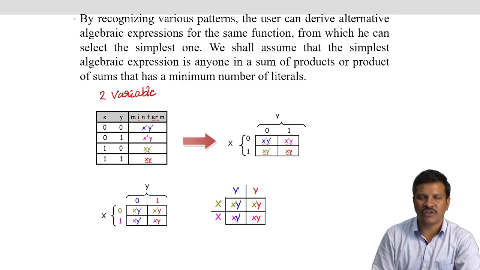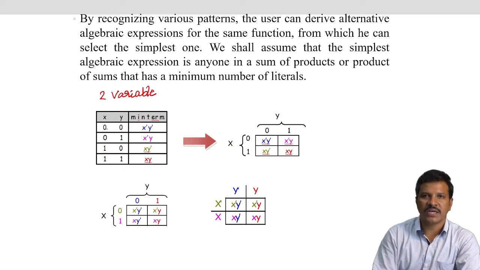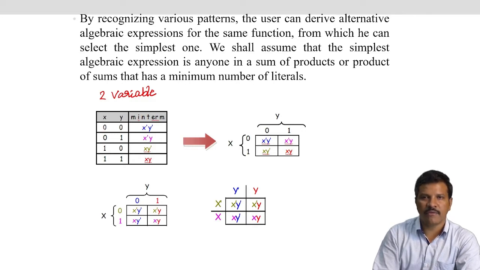All possibilities of minterms for this two variable function can be represented with the literal x, where 0 is represented as complemented, and the literal y, where 0 means a complemented y.